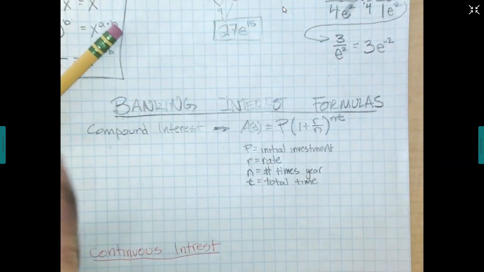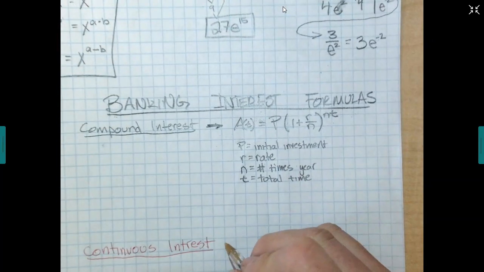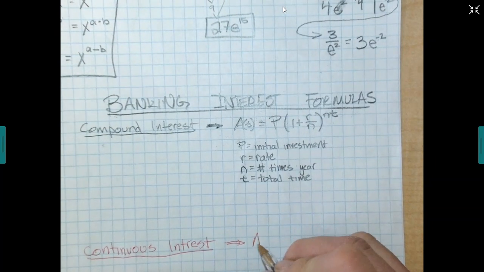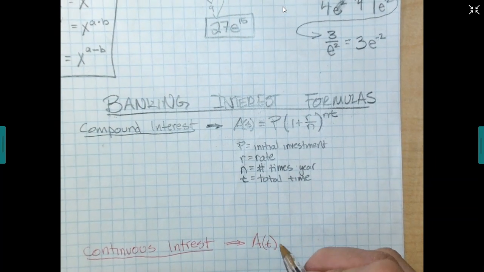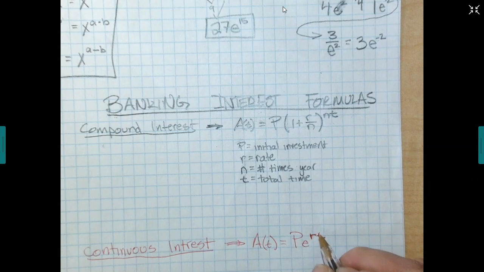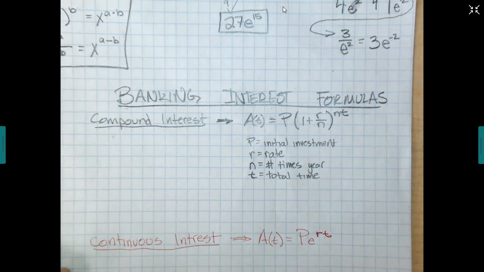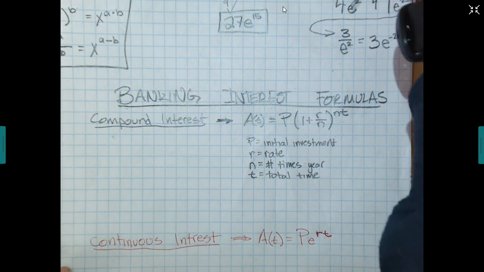And that is A equals your initial investment, exponential growth, rate times time. So you have RT, so that's rate and time, exponential growth, and your initial investment. Okay? So let's see how this plays out.